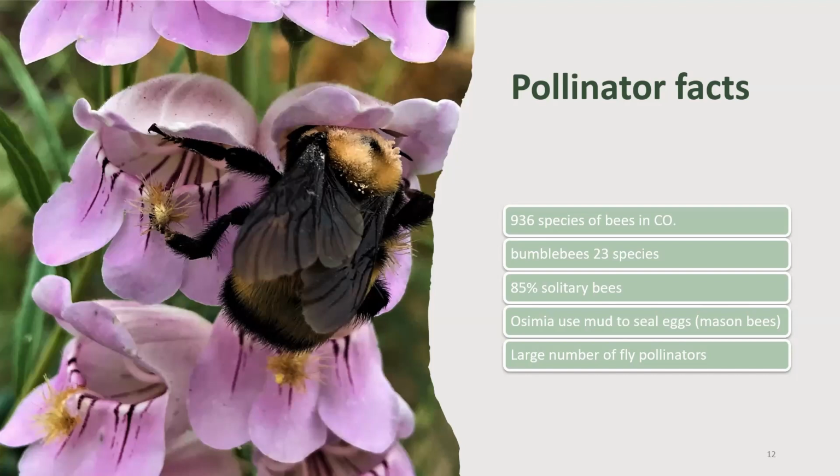Why it's only 1 out of 3 is because the anemophilous plants like wheat and rice and things that human beings consume huge amounts of are not pollinated by insects. There are 23 species of bumblebees in Colorado, and I believe all bumblebees that we see in North America are native bees. 85% are solitary bees, and so we have a tendency to think of bees as being in a hive, and that's not really true.